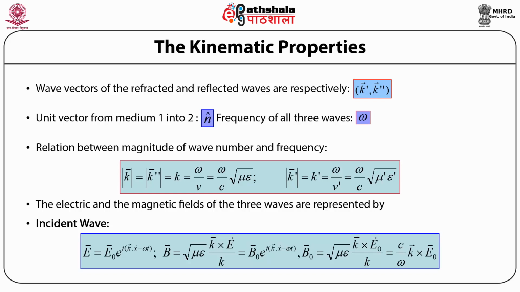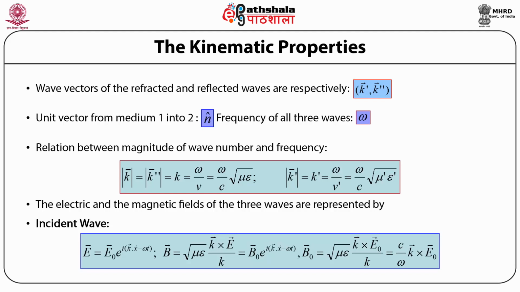The magnetic field induction vector is given by under root of mu times epsilon times whole times the wave vector k cross product with electric field vector E upon the wave number k, and this is equal to the amplitude of the magnetic field induction vector B naught times exponential to the power iota times bracket open wave vector k dot product with position vector x minus omega times time t bracket close, where the amplitude of the magnetic field induction vector B naught is equal to under root of mu times epsilon whole times cross product of wave vector k with the amplitude of the electric field vector E naught divided by the wave number k.